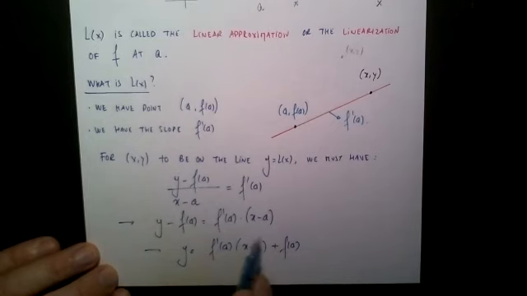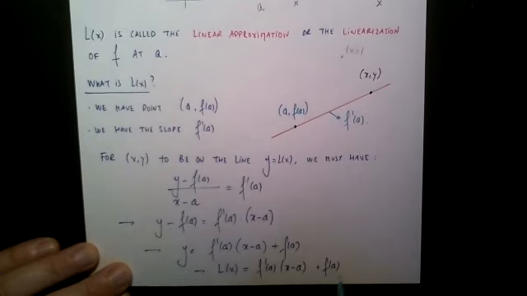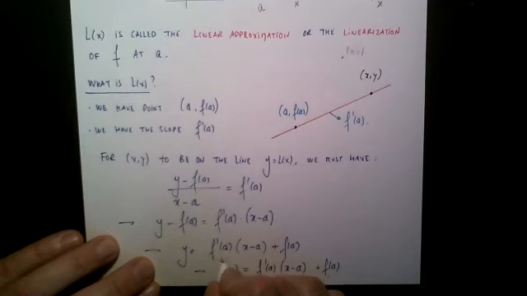This equation here, this line, is what we call big L of x. So I'm going to write it here. Big L of x is equal to f prime of a times x minus a plus f of a. Done. This is important. This is what we're going to use as a linear approximation.